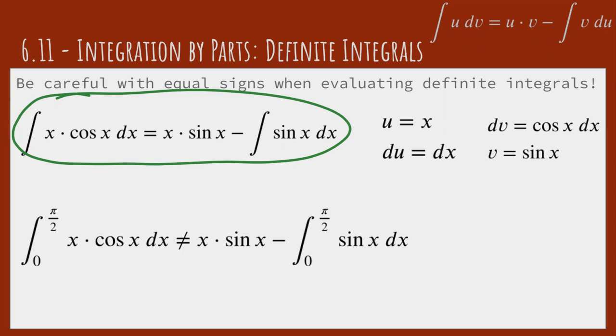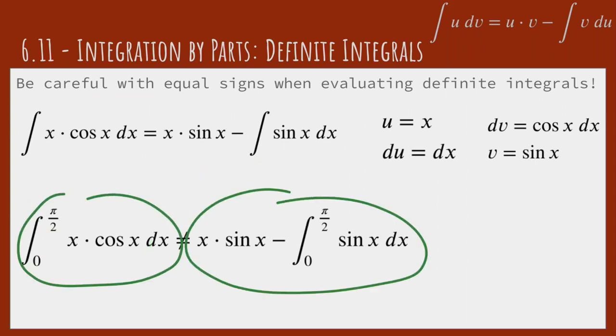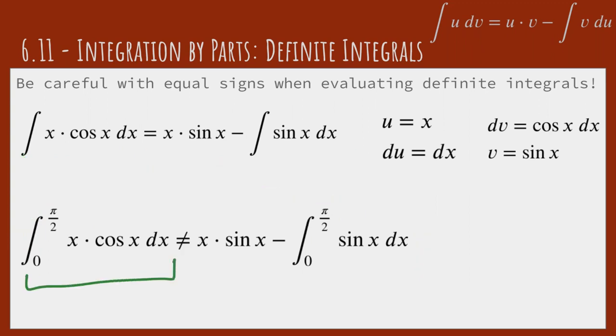However, if we switch over to doing a definite integral and we have limits here, it would not be okay to say that this definite integral here is equal to this expression right here, even though this antiderivative is correct. The reason is, remember that a definite integral represents an area, and an area equals a number, but this part of the expression right here is not a number, but a function.